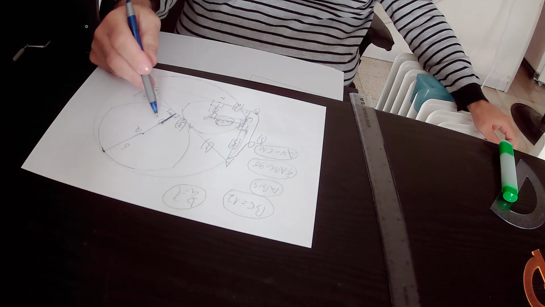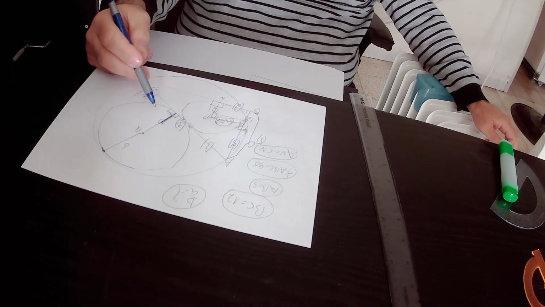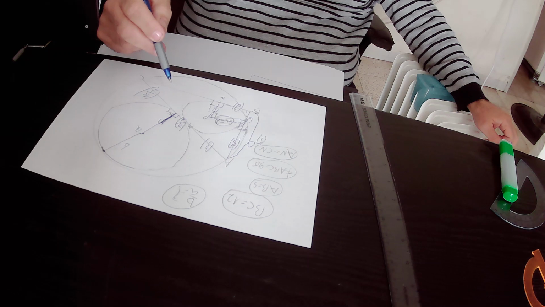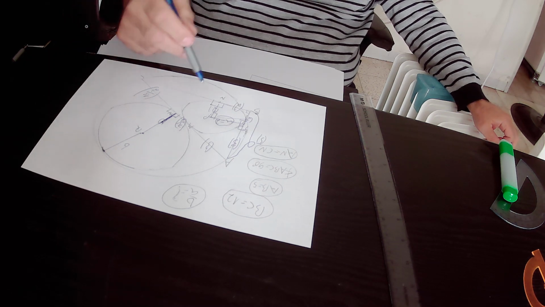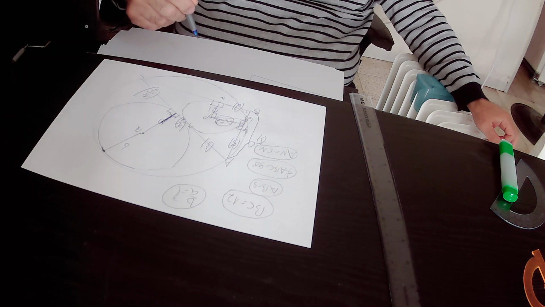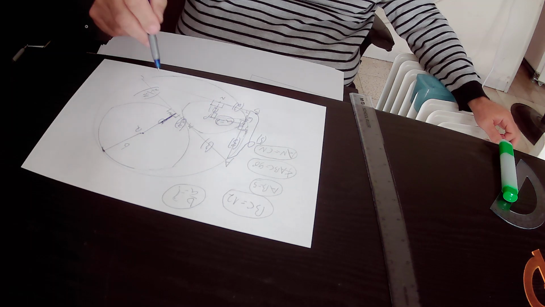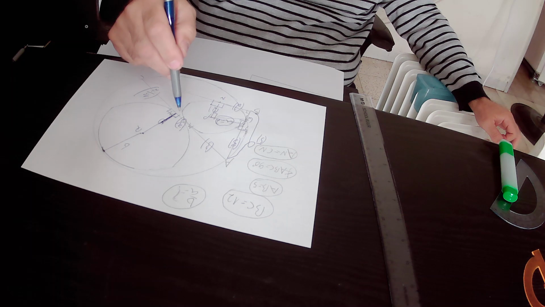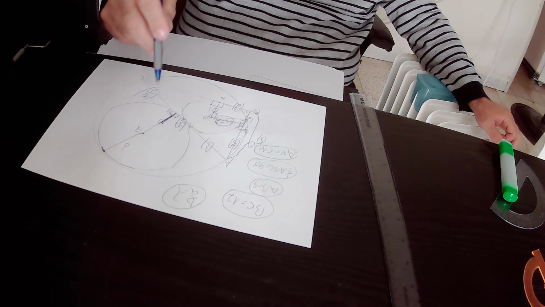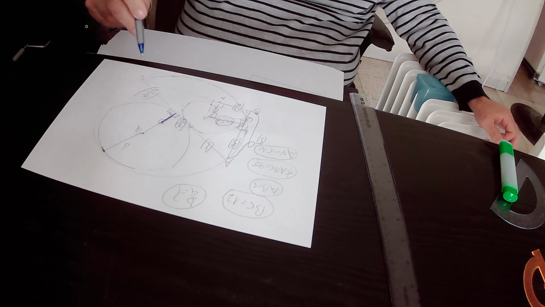The radius QN is drawn to point N, that is the point of tangency of AC with this circle, and whenever a radius is drawn to the point of tangency, then tangent AC will be perpendicular to the radius NQ. If AC is perpendicular to NQ, it means that this angle equals 90 degrees, and this angle also equals 90 degrees according to rule number 1. So we can write down that QN is also perpendicular to AC.